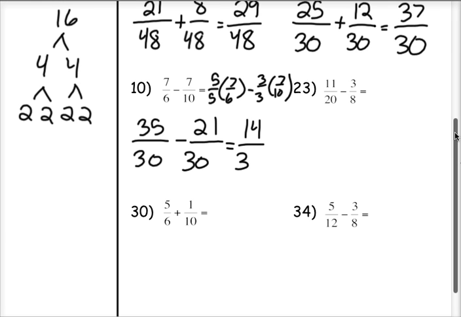And then the bottom doesn't change. Now this time, notice, look, what we're left with, actually you can end up reducing. Both are divisible by 2, so you can actually end up reducing it to 7/15.